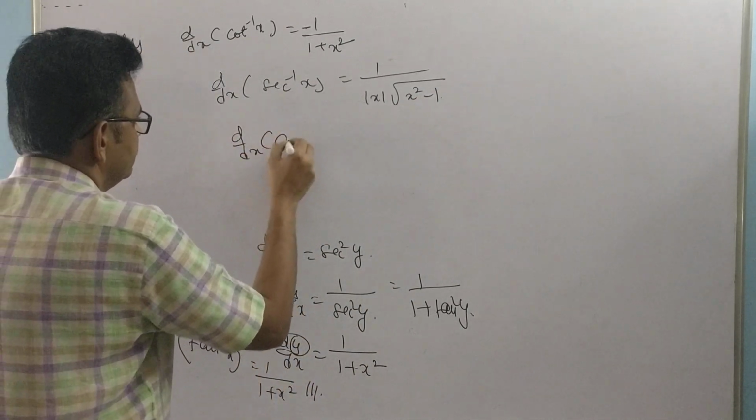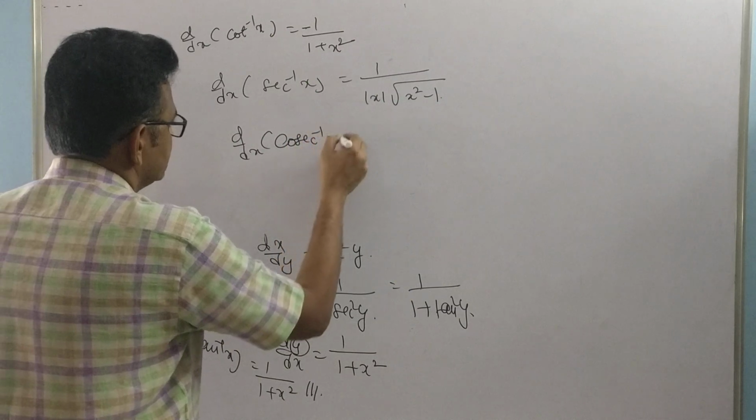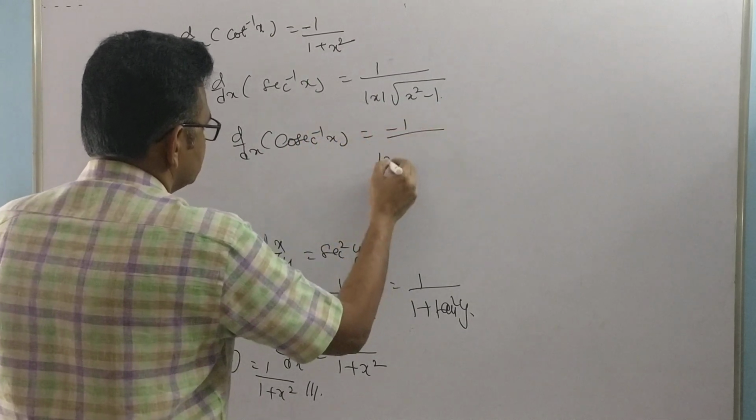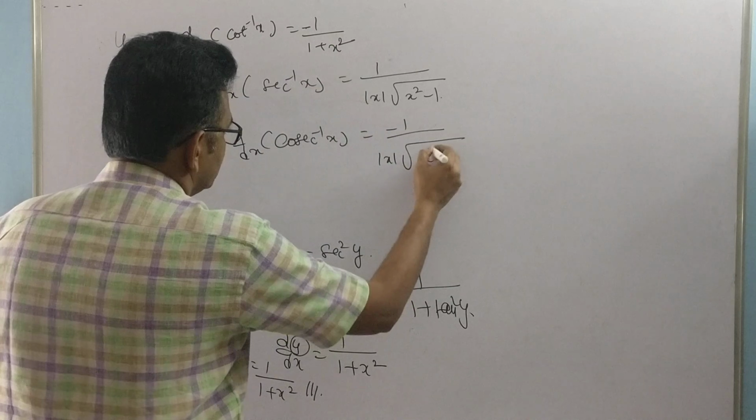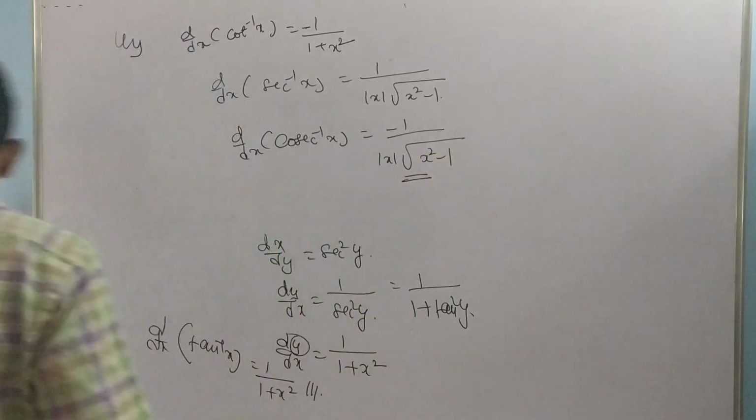And the derivative of cosecant inverse of x is equal to minus 1 by mod x into root of x square minus 1.